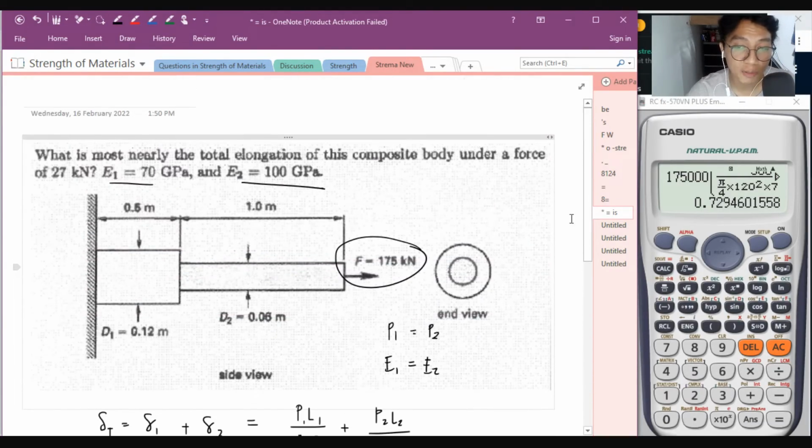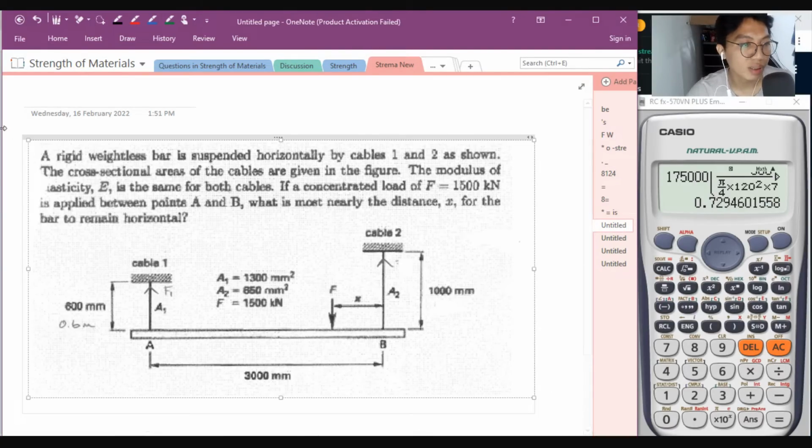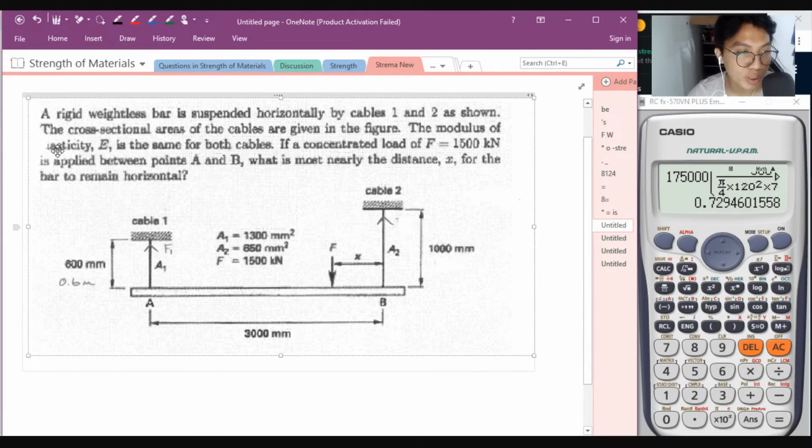So, for the last 4 problems, a rigid weightless bar is suspended horizontally by cables 1 and 2 as shown. The cross-sectional areas of the cables are given in the figure. The modulus of elasticity E is the same for both cables.